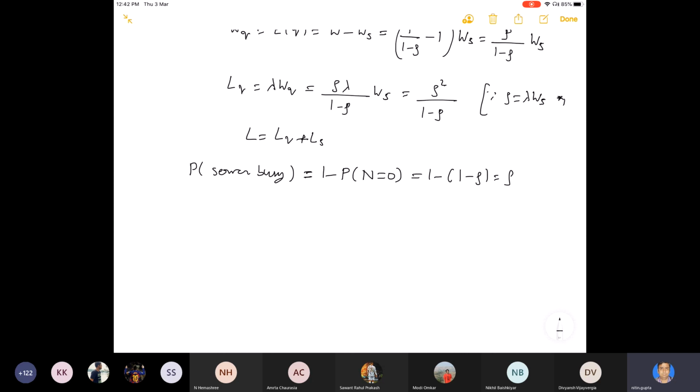This is rho, which we know is lambda WS also. This is known as the server utilization. Probability that the server is busy is the server utilization.